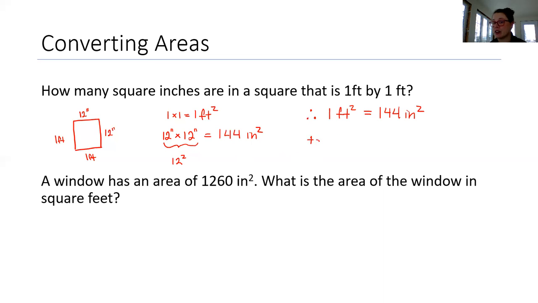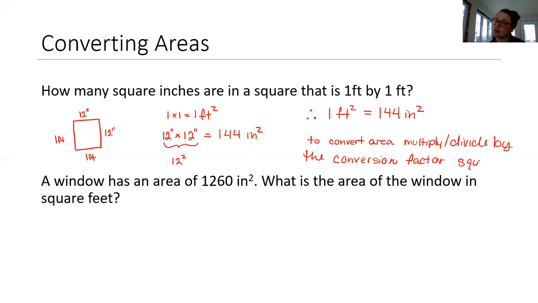So to convert area, multiply or divide, depending on your scenario, by the conversion factor squared. Okay, so that gives you a quick method, and we'll test that. We'll do that a couple times as we go through.